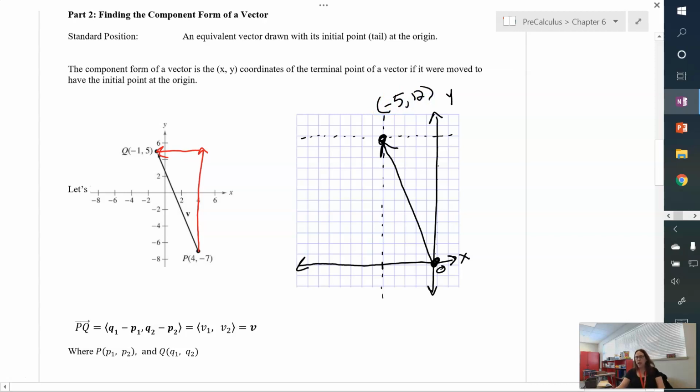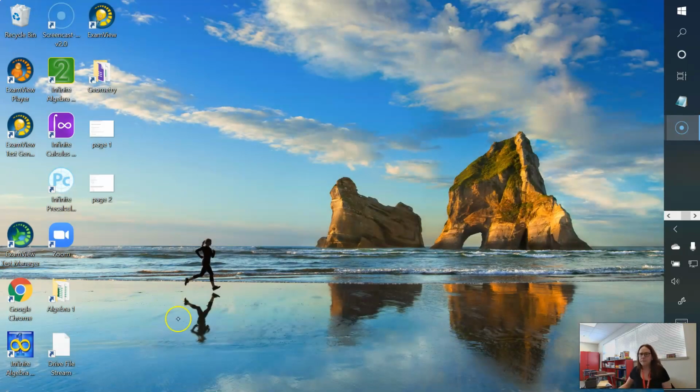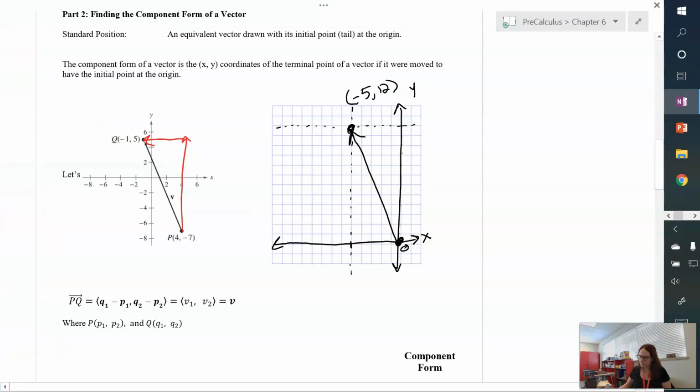So when I go to write this vector in component form, I'm going to say that PQ equals, and we're going to use brackets, PQ equals, in brackets, negative 5, 12.